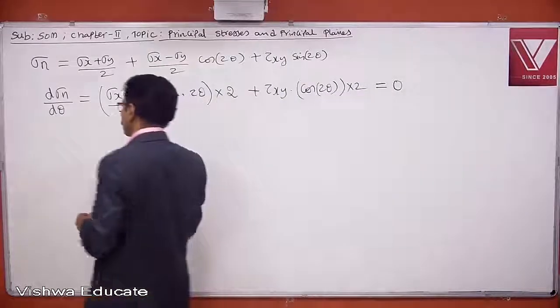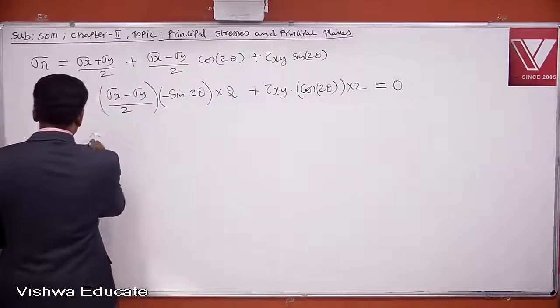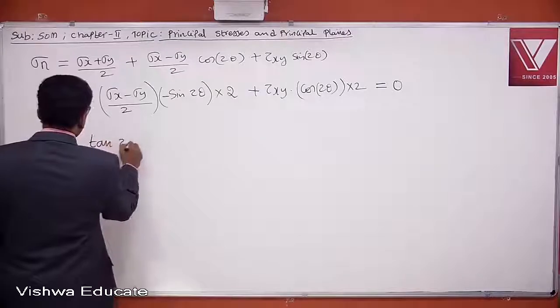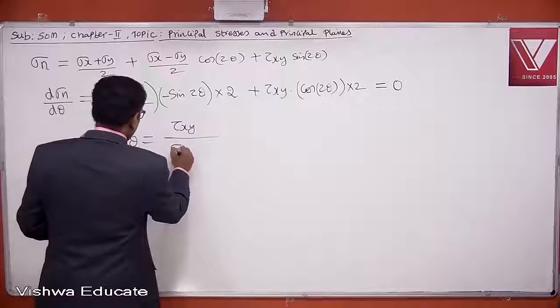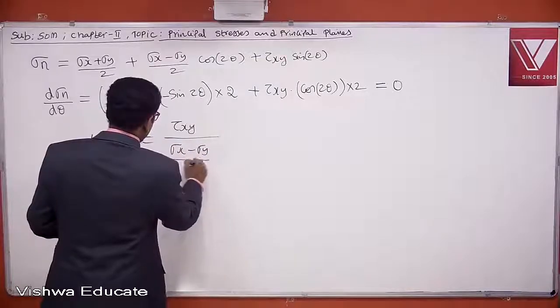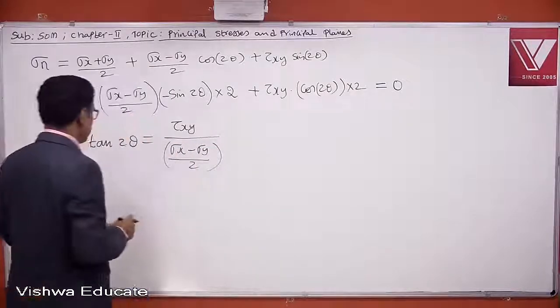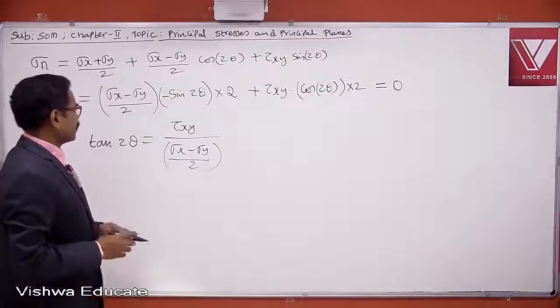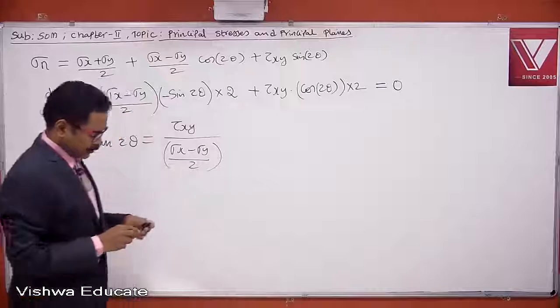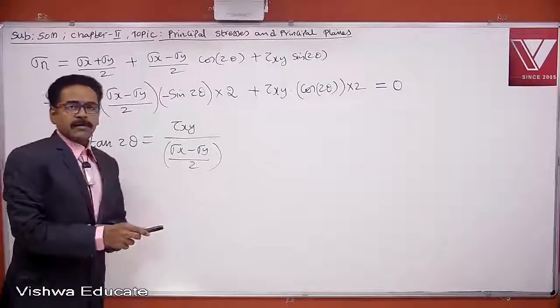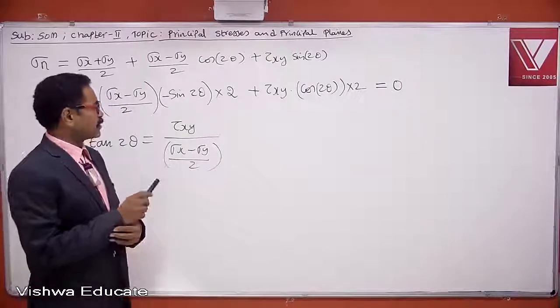On rewriting this equation, I get tan 2 theta is equal to tau xy by sigma x minus sigma y by 2. You can cancel this 2 and this 2, and bring all sine quantities to one side and all cos quantities to the other side, sine by cos is tan.